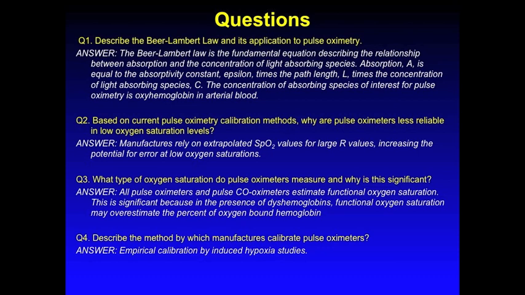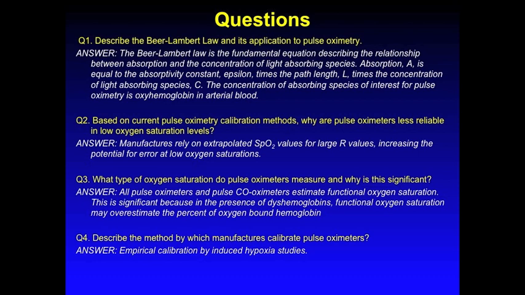Question 1. Describe the Beer-Lambert law and its application to pulse oximetry. Question 2. Based on current pulse oximetry calibration methods, why are pulse oximeters less reliable in low oxygen saturation levels? Question 3.